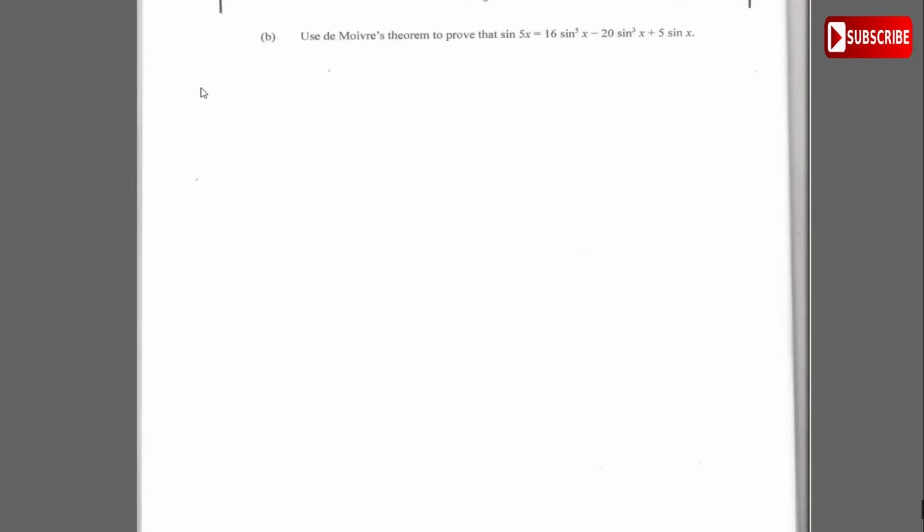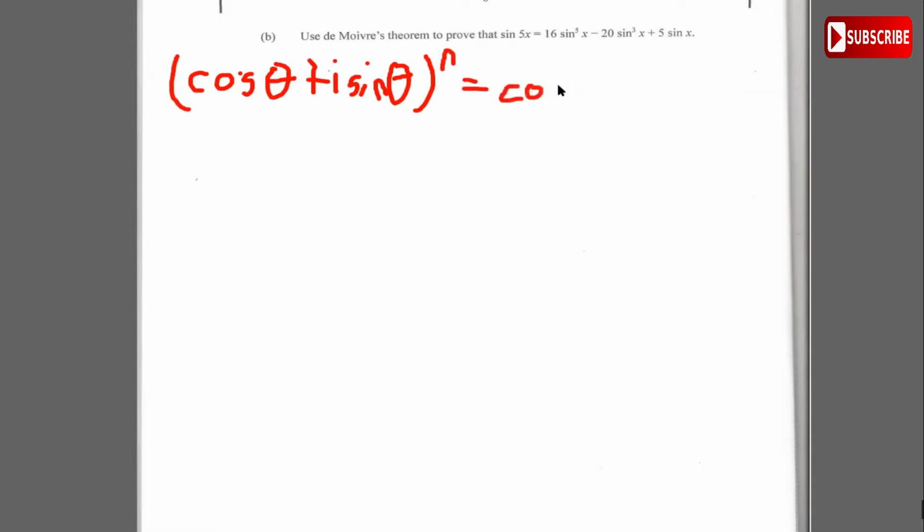So De Moivre's theorem states that, just writing down the theorem, cos theta plus i sine theta raised to the nth power is equal to cos n theta plus i sine n theta.